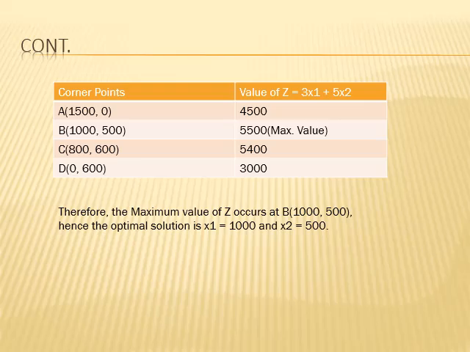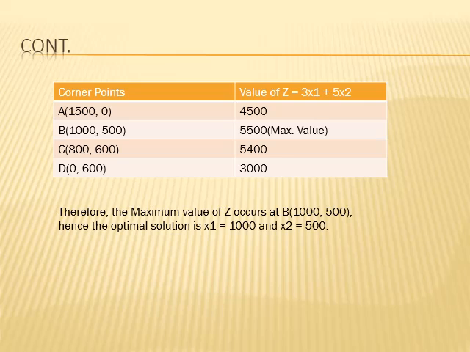A: x1 equal 1500, x2 equal 0. The intersection point B: x1 equal 1000, x2 equal 500. The next intersection point C: x1 equal 800 and x2 equal 600. The last point: x1 equal 0, x2 equal 600.